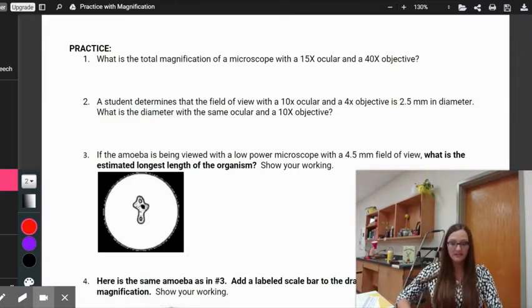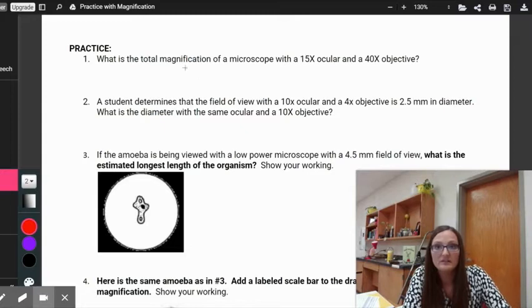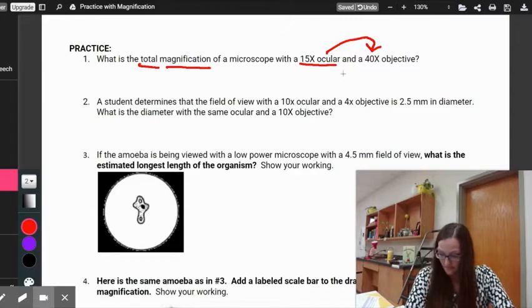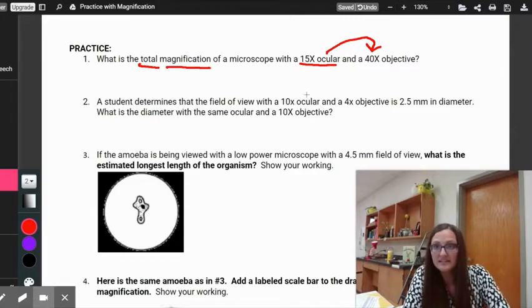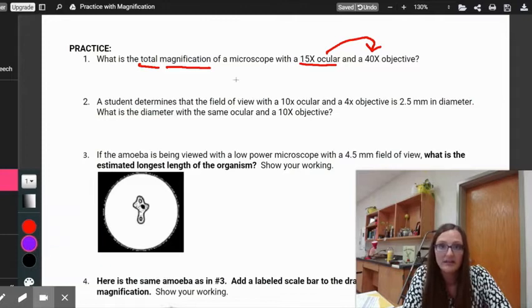All right, so what you're going to do here is, first and foremost, in order to get total magnification, you're going to want to take the ocular and multiply it by the objective. Okay? So what you're going to do is take 15 and multiply times 40.